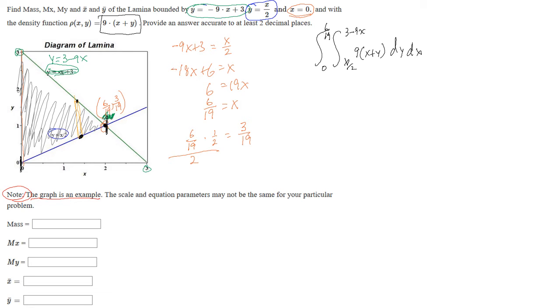And of course, once we get that far, if we have a TI-89, we can then type that into our TI-89. Now, even though we can get the exact value on our TI-89, we'll go ahead and round this off because that's what the instructions want.